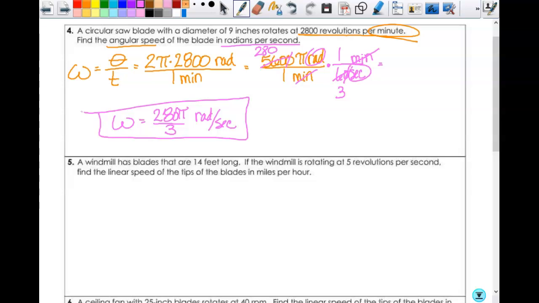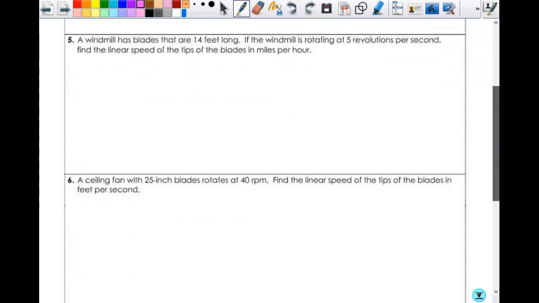Windmill has blades that are 14 feet long. If the windmill is rotating at 5 revolutions per second, find the linear speed of the tips of the blade in miles per hour. So I want linear speed. I have to find angular speed first. So that's going to be theta over t. Theta is 2 pi times what? Revolutions, which is 5. It gives me radians over 1 what? Second, because it comes from here.